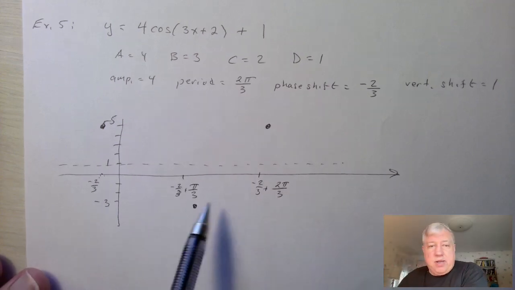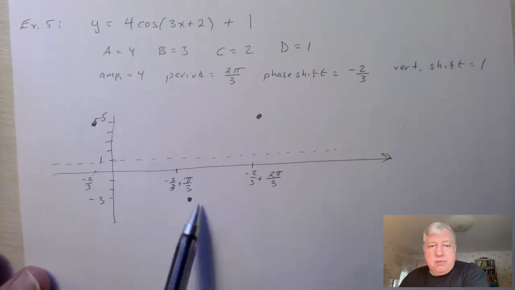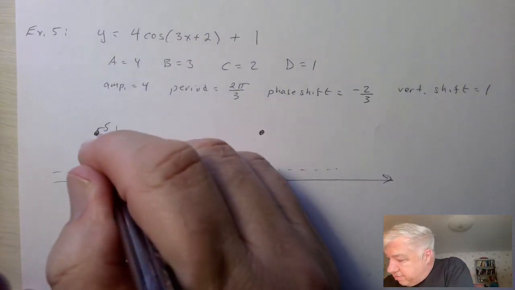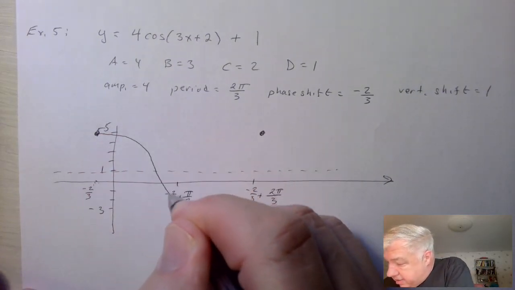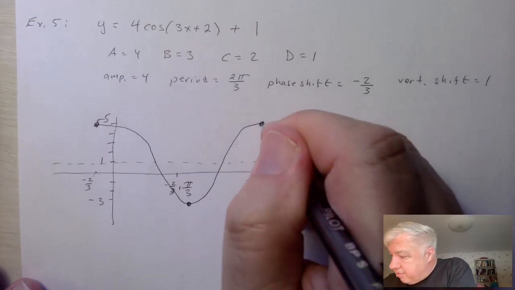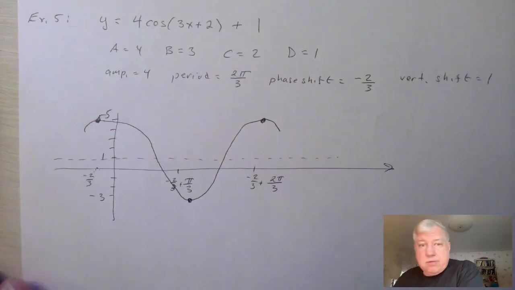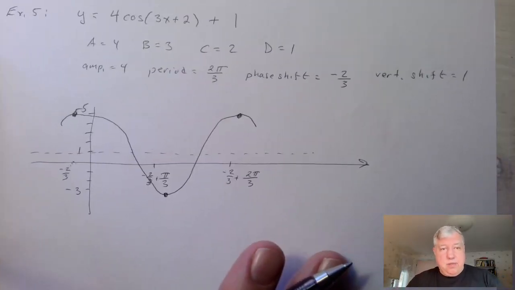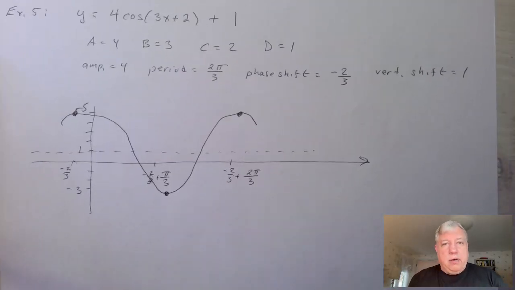And you can check, if you plug this number in here, sure enough, you get negative 3. And it's a cosine function, so it will be like that. Okay, and then it will repeat.